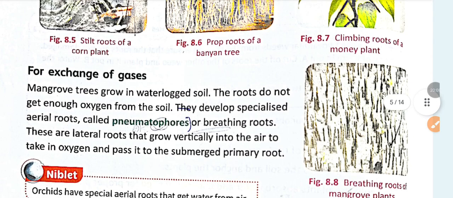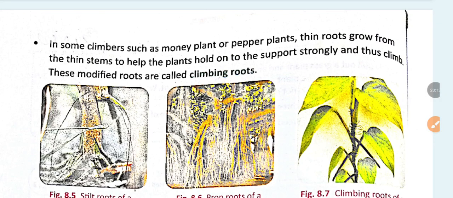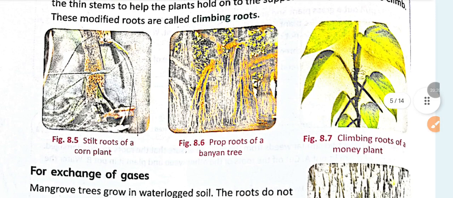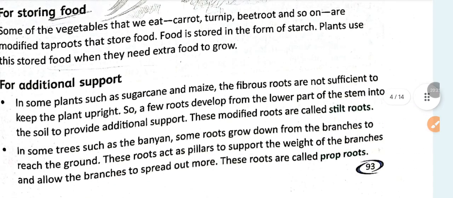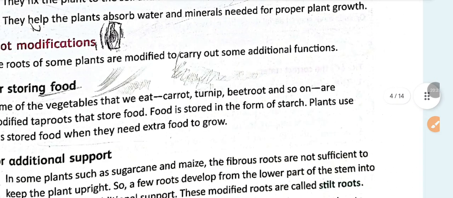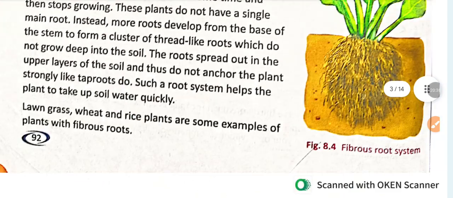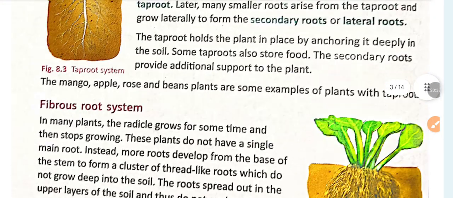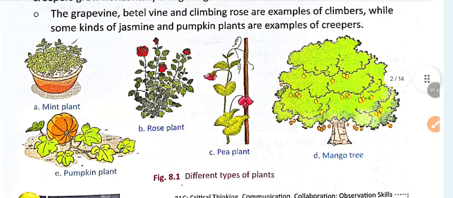Now we have learned till over here exchange of gases. Just review everything quickly and then we will get into the next part. So over here we have learned what are stilt roots and prop roots, and how the extra stems of the money plant help in their climbing, and the modifications of roots, and then the root system about fibrous roots and tap roots, and then the root system and shoot system.